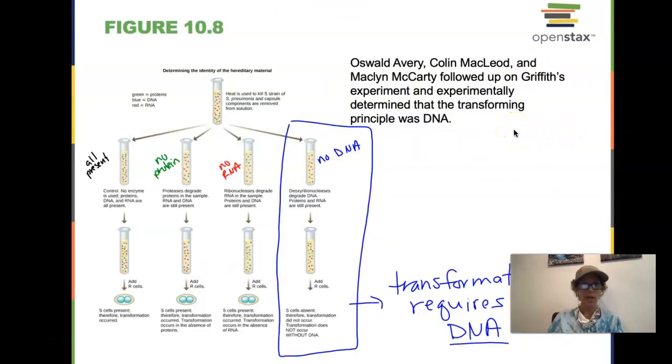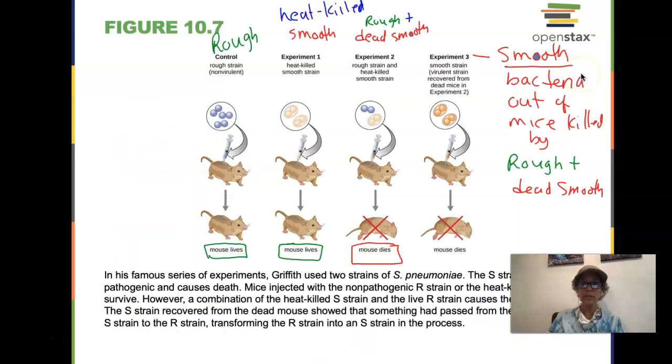To determine that, actually, let's go back. They extracted the chemicals from the dead smooth bacteria, and by chemical and physical centrifuge experiments could separate out the different macromolecules.